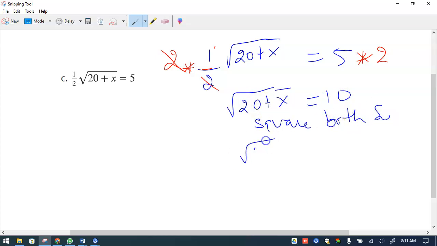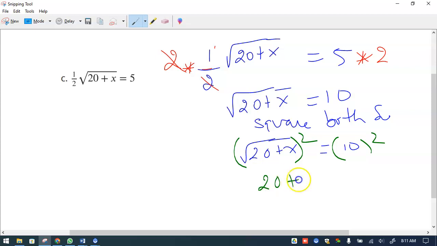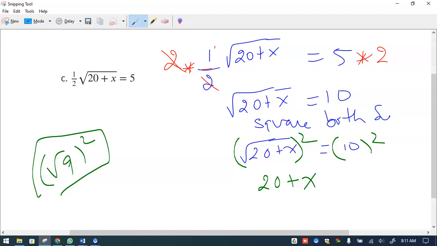When you square both sides, the square root and the square are inverses of each other, so you get 20 plus x equals 100. If it is square root of 9, you just cross it out and you get 3.